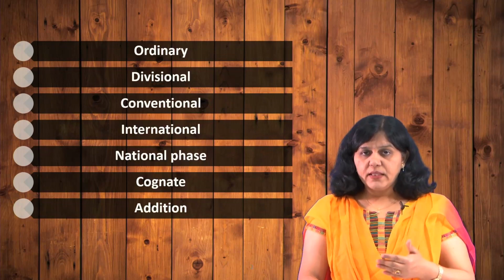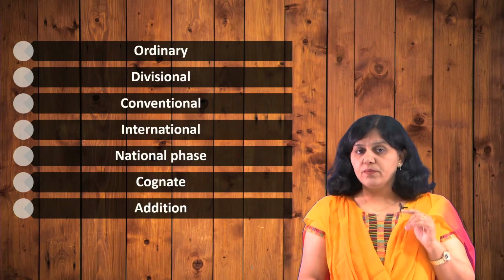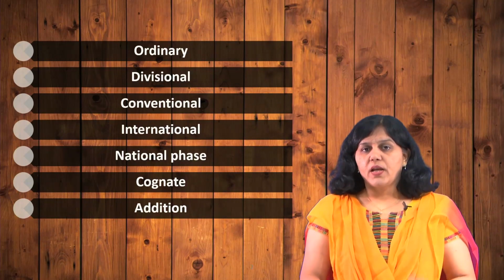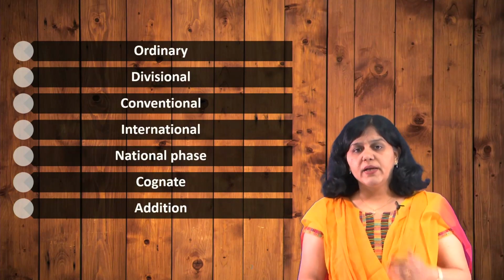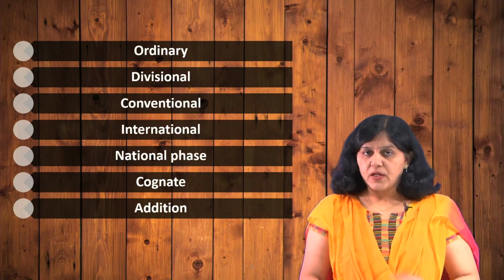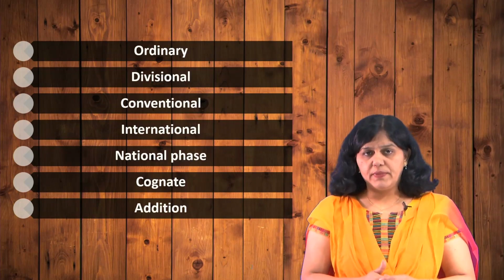So, everything along with claims will be there in the complete specification, but in provisional you will not find the claim part. So, if anyone is filing this provisional or a complete patent, it is generally called an ordinary patent. So, this is the ordinary patent, normal patent, it may be a provisional or a complete.